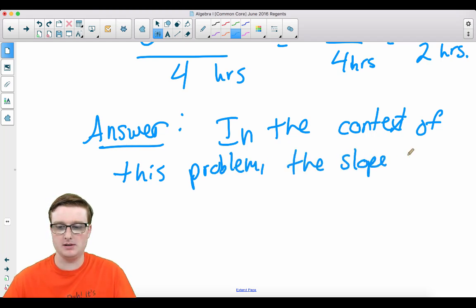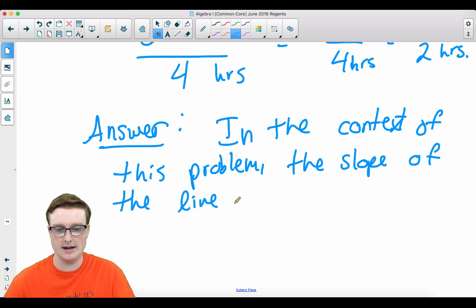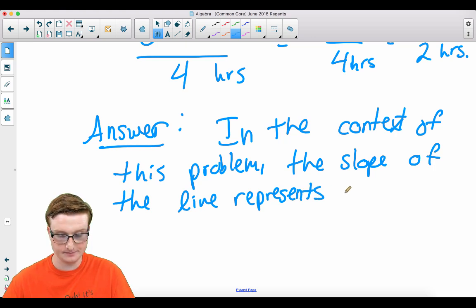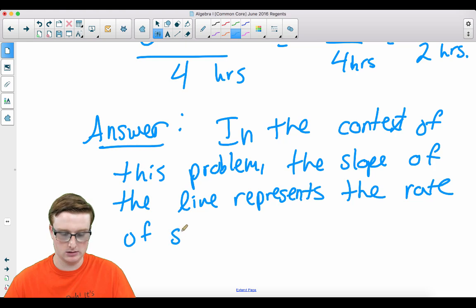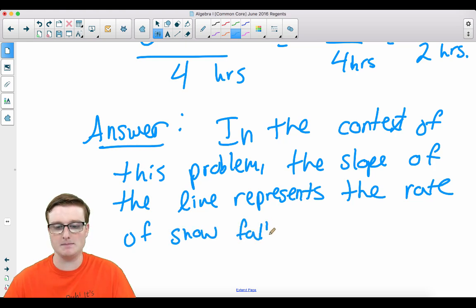the slope of the line represents the rate of snow falling per hour.